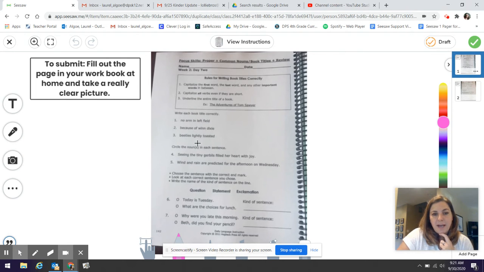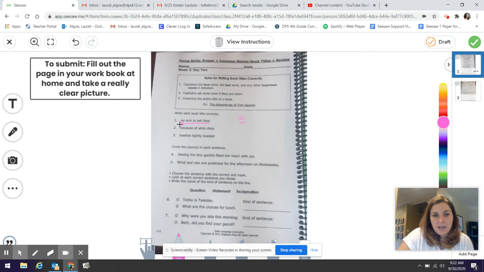So it says here to write each book title correctly. If this were me, I would first of all want to be putting an underline because I know that's going to happen. And then one of the ways that you can show that you want something to be capitalized is you can put 1, 2, 3 lines under it to show that it needs a capital. So it looks like this, 1, 2, 3 lines.